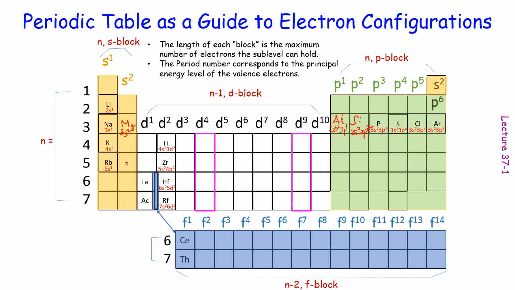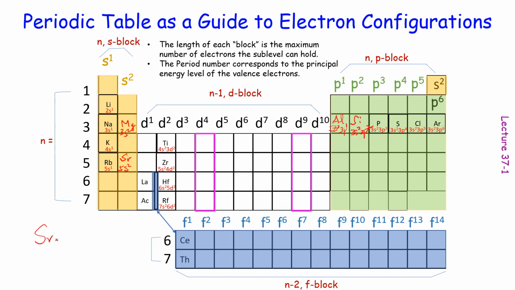For example, if you want to write the electron configuration for strontium, you just find out the location of strontium, and this is in period 5. Therefore, the valence electron configuration should be 5s, and its group is 2A, so it should be s2.